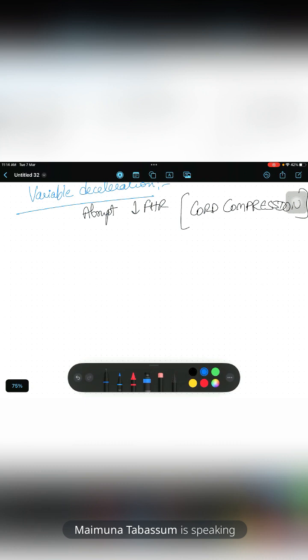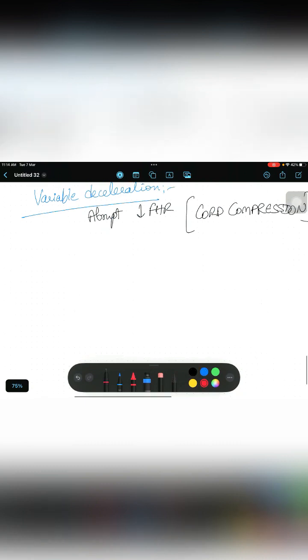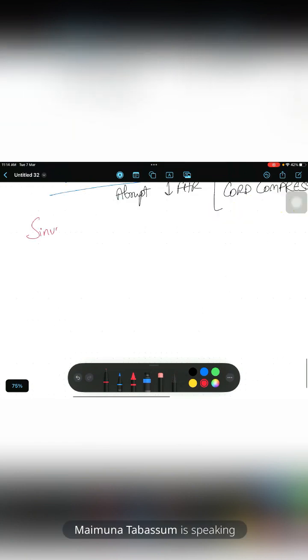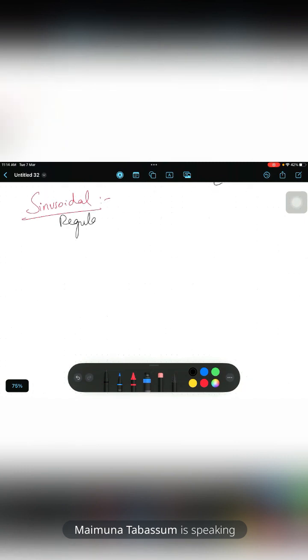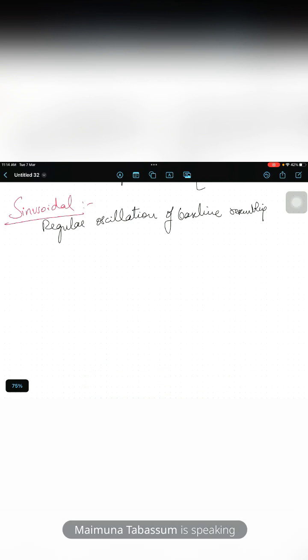Then coming to another important pattern, the sinusoidal pattern. In a sinusoidal pattern, you will be having regular oscillation of the baseline resembling a sine wave pattern, with little baseline variability.